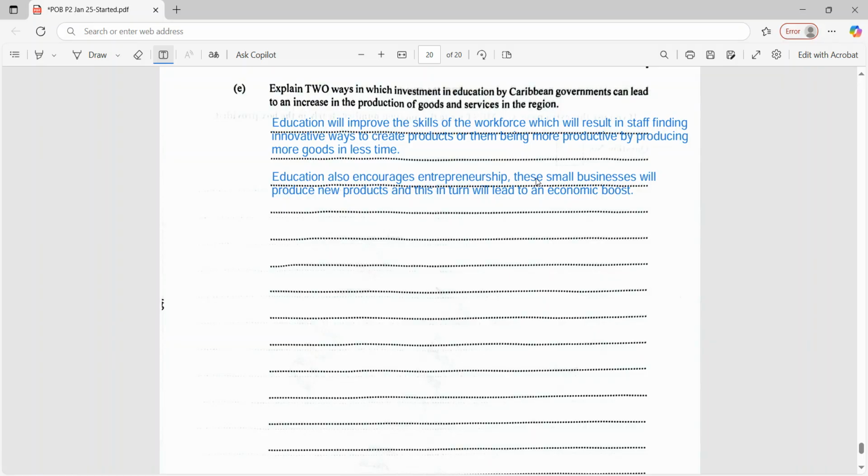Education will also encourage entrepreneurship, and therefore other businesses will be created that offer different products, and that will also boost the economy and increase the number of goods and services being offered in the region.